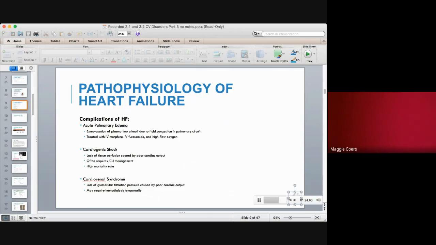And then cardiorenal syndrome, I alluded a little bit to this, but this is the loss of glomerular filtration pressure in the kidneys, because if the heart's not pushing the blood forward enough, it's not keeping that filtration pressure up, so those nephrons will eventually just shut themselves down because there's not enough pressure, okay?